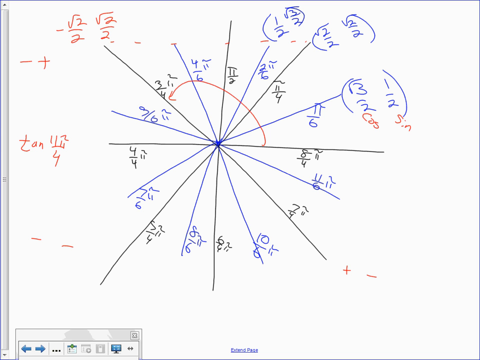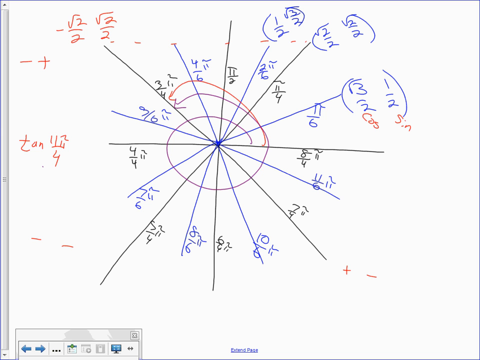Well, the first thing you got to figure out is where is 11 pi over 4? Well, how many times does 4 go into 11? Twice. How many are left over? 3/4. So I start by going around the circle. 1 pi, 2 pi, and 3/4 pi. So I'm back there.